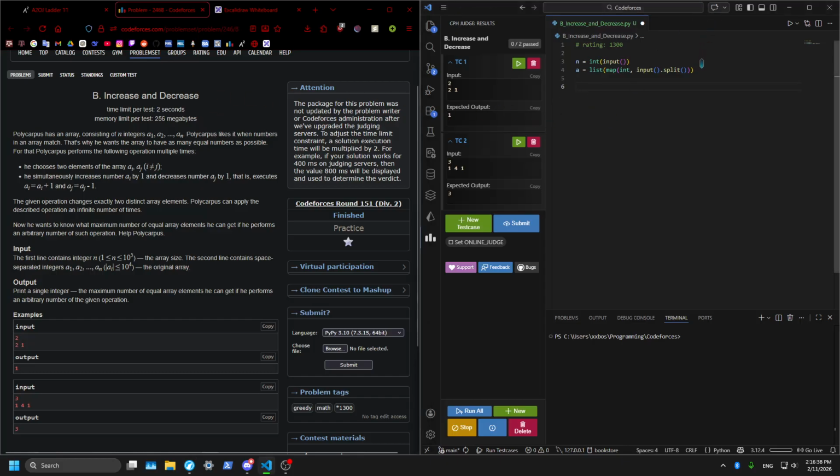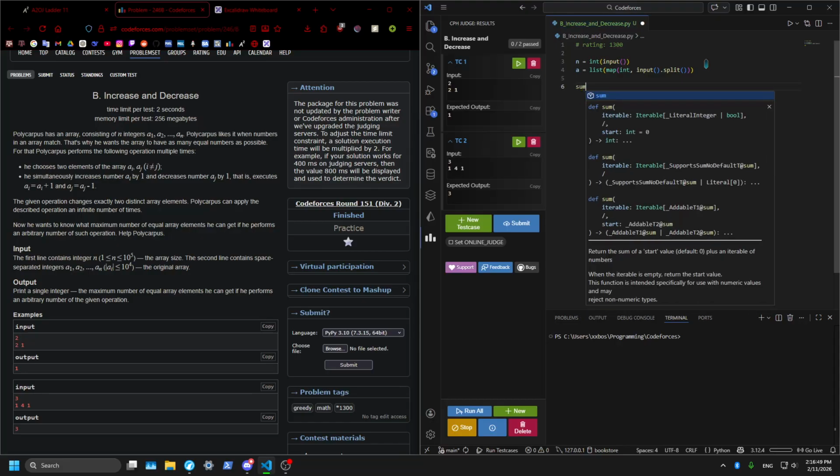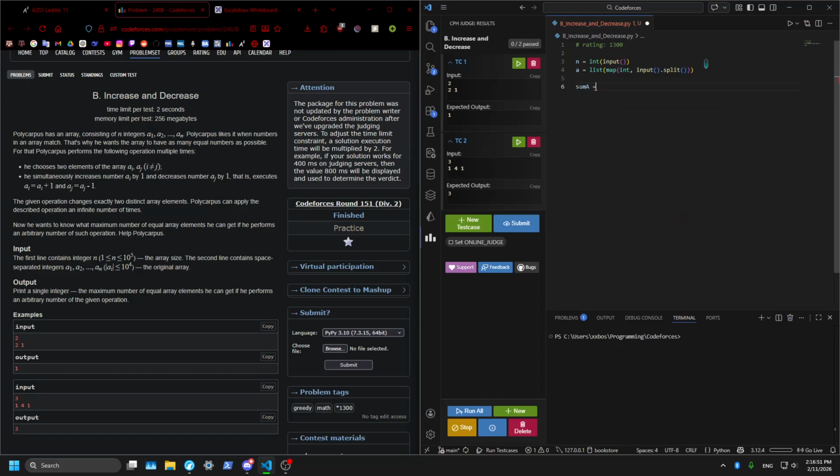So let's get started with coding this up. First things first, we need sum A equals sum of A. Second things second, we need to find out if sum A is even or odd. If sum A mod 2.